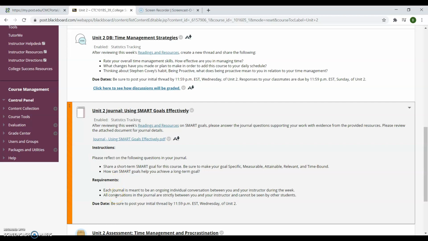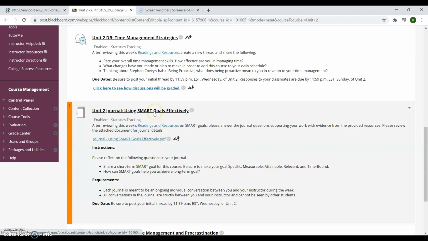Each journal is meant to be an ongoing individual conversation between you and myself, and all conversations in the journal are strictly confidential, so no one else can see them except for you and I. Now, please note that just like your initial discussion posts are due on Wednesday of every week, so are your journals. But just remember, not every week there's a journal due, and we'll go over which weeks' journals are due here in a second.